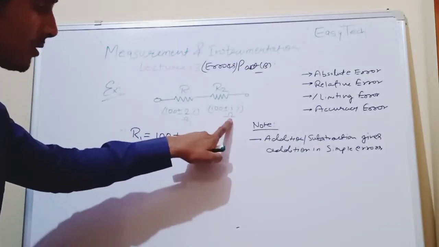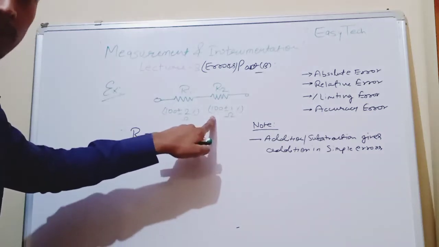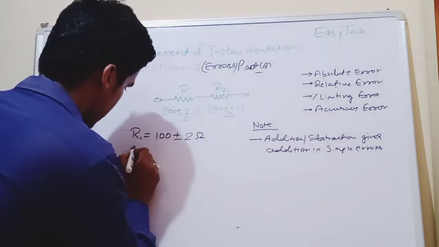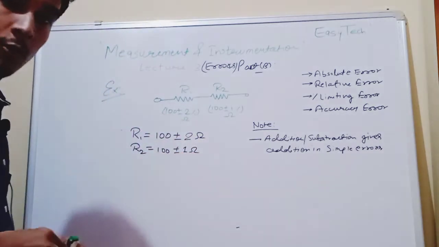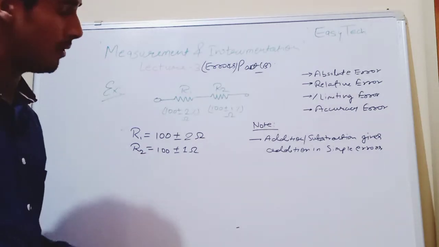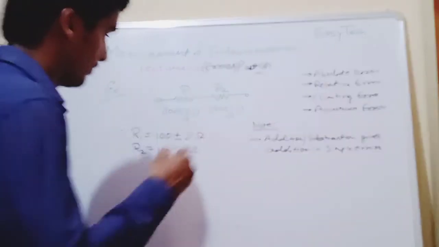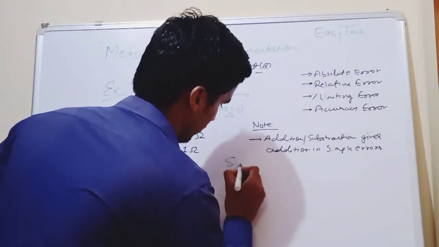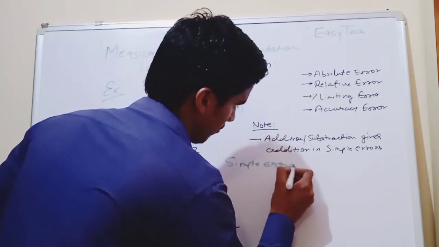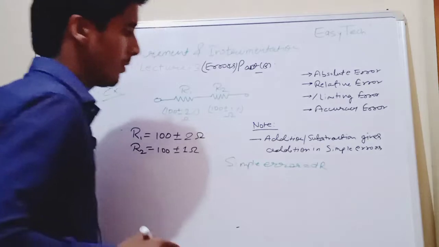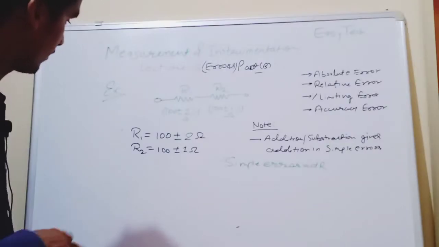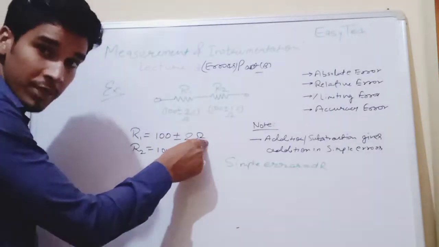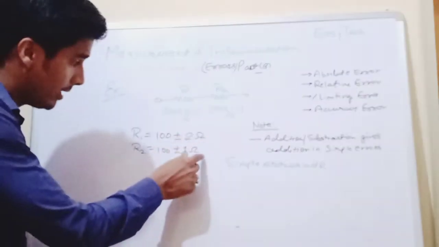And R2 value is 100 plus minus 1%. 1% of 100 ohm is 1 ohm, so R2 is 100 plus minus 1 ohm. Now I am expressing the simple error with dr. Then R1 is 100 plus minus dr1, where dr1 is 2 ohm and dr2 is 1 ohm.